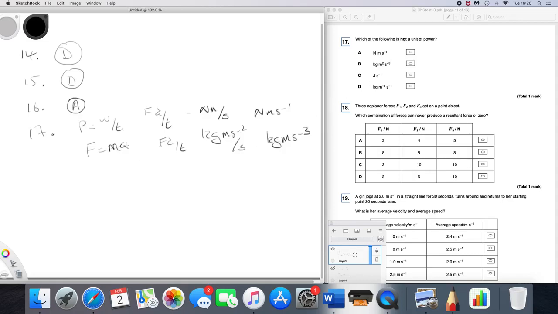Kilograms meters per second squared. That's right. Seconds. So that is correct. So that is not. Oh, I'm sorry. I didn't multiply by meters, did I? So that is right.